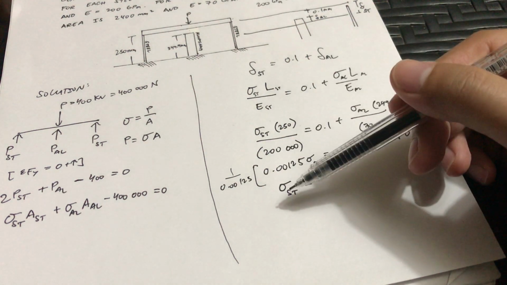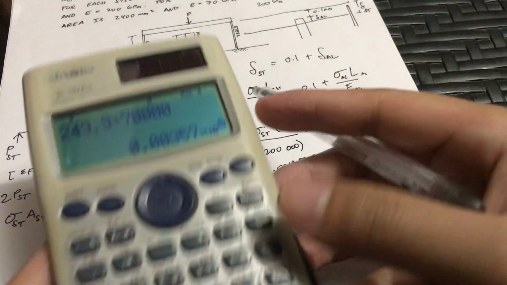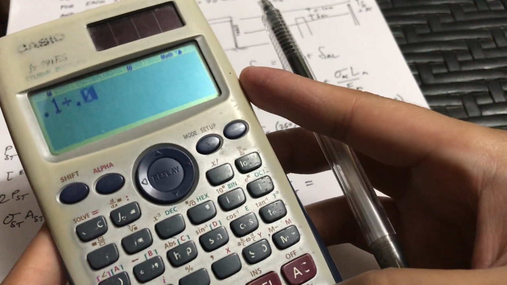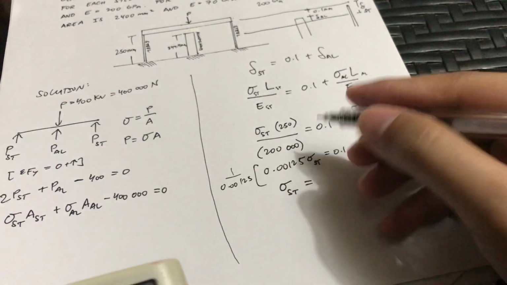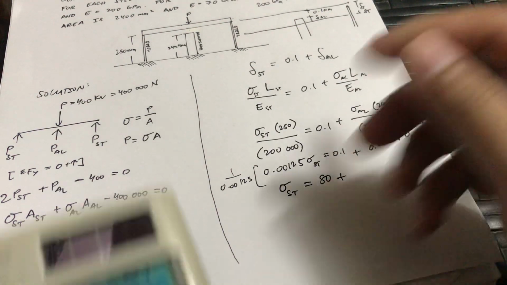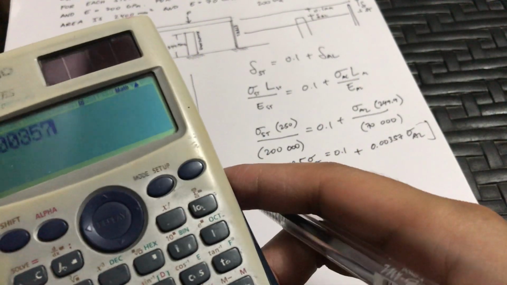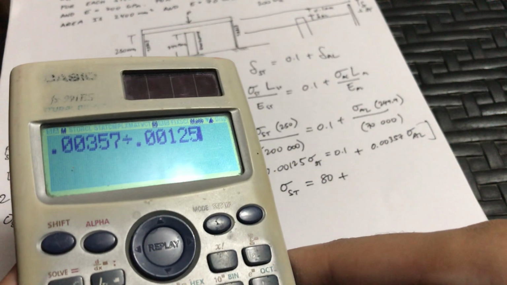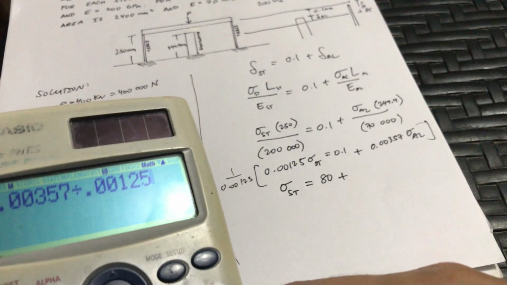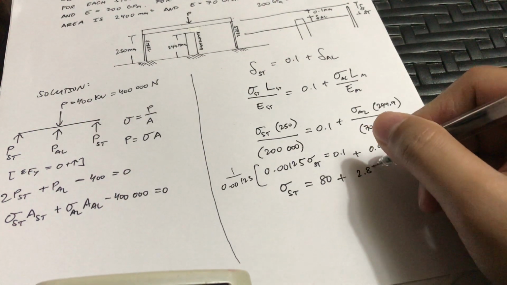So we only have the stress of steel. Next we have 0.1 divided by 0.00125, which is 80, plus 0.00357 divided by 0.00125, we get 2.856.